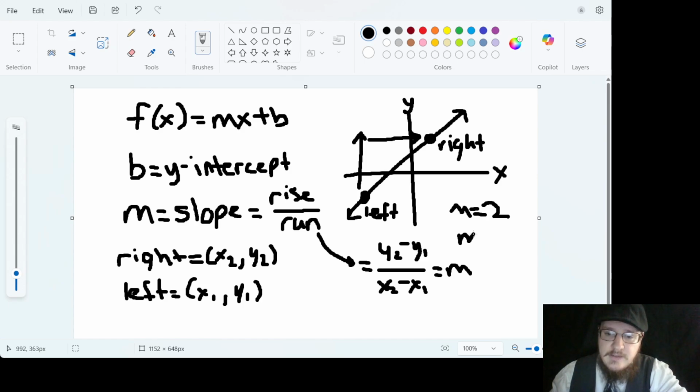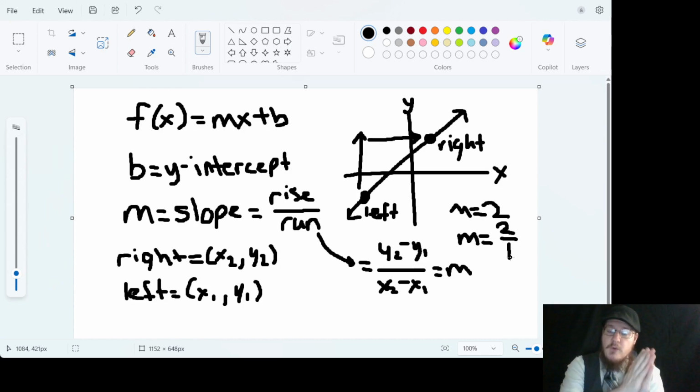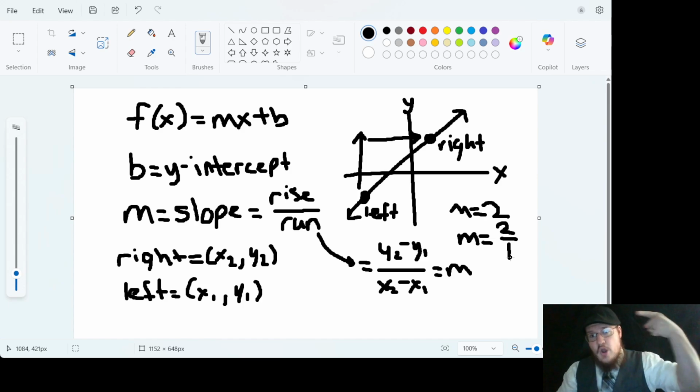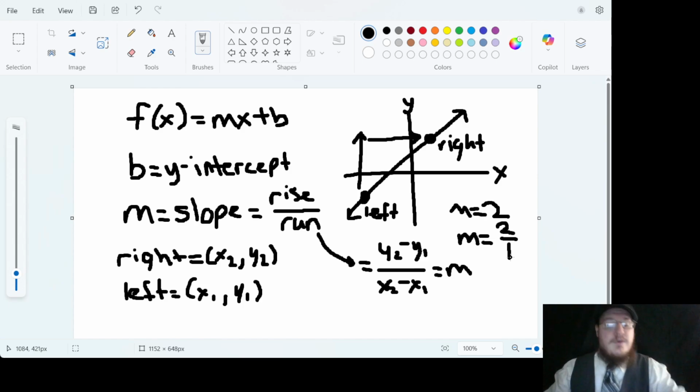Basically what this means is we have a rise of 2 over a run of 1, because dividing by 1 is the same as multiplying by 1, it's still the same value. So our rise is 2, our run is 1. For every point that we move, we go up 2 values and over 1 value, up 2, over 1, up 2, over 1.